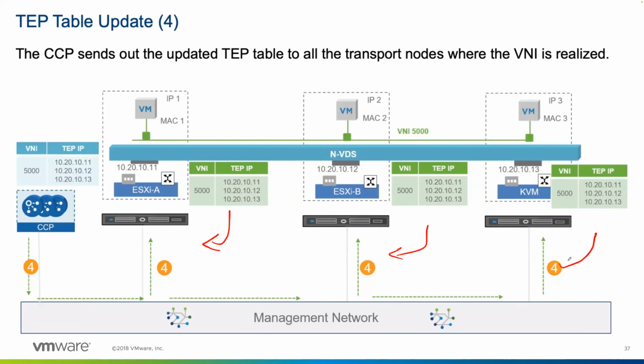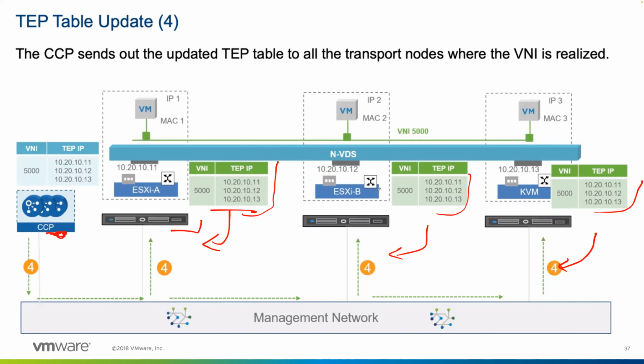These 3 discrete or distributed pieces of information will go up to the CCP, the centralized control plane. The controller will collect all of the tables and hand them out to every distributed transport node, so that at the end of the day every transport node has the same scenario of this table.